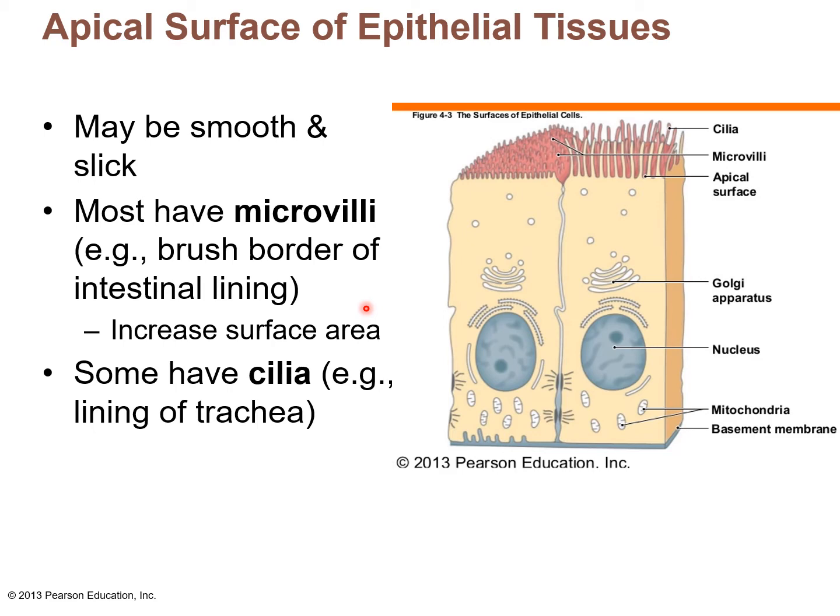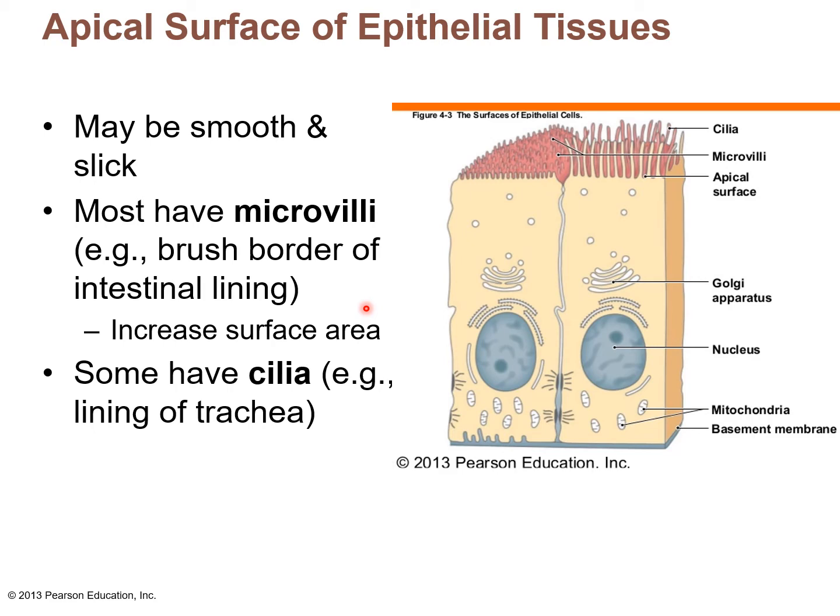It's just going to depend on the location of where you have that epithelial tissue. For example, if we think of our small intestine and think of its function, your small intestine is going to digest food and absorb the nutrients.